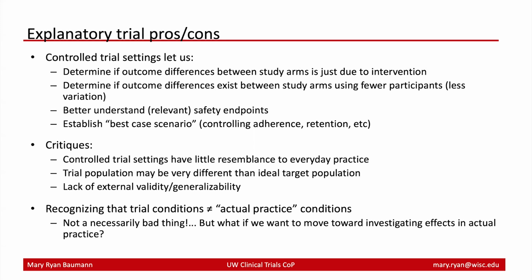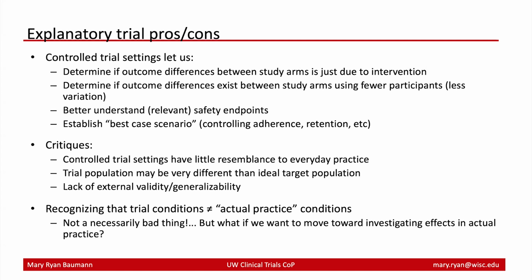We also have critiques about differences in populations because the people who join clinical trials tend to be a very specific kind of person. They may be willing to take a little bit more risk. They also tend to be whiter, more affluent, better educated, more centered around academic centers.